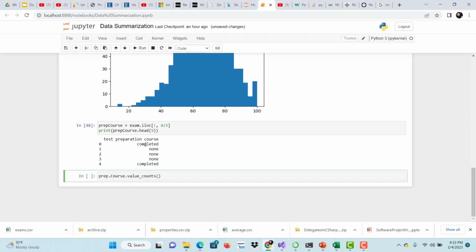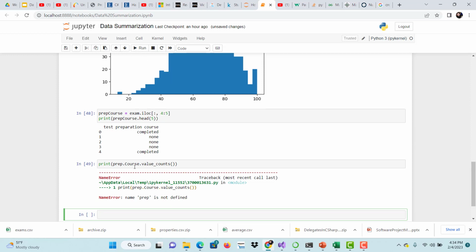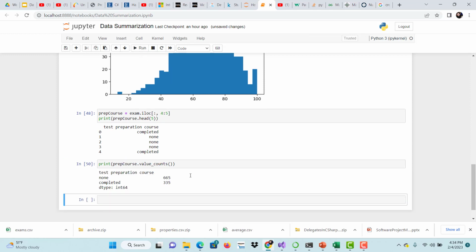Here there are only 2 options, completed or not. So if I print this out, it will tell me how many students completed the course while how many students did not. Okay, here is the result.